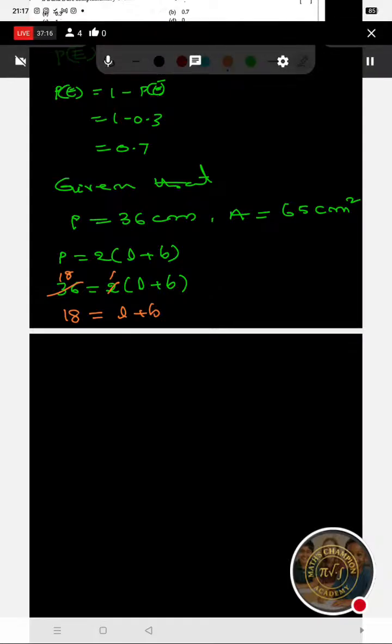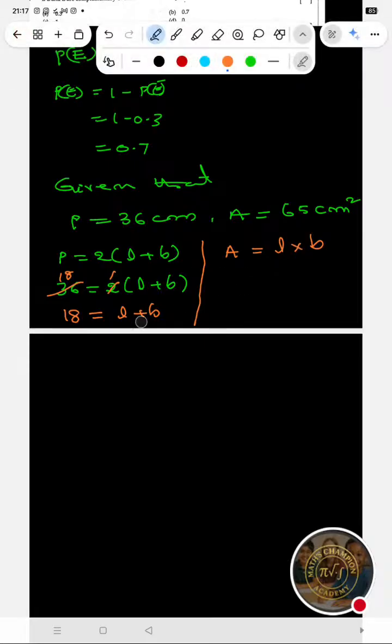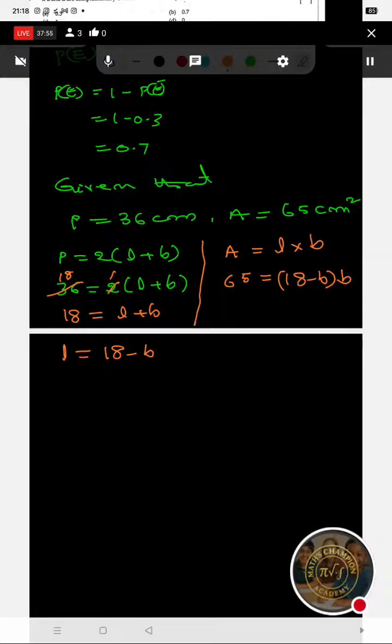So the area formula we already know. Area of rectangle is equal to length into width. Make this one L or B. Take L is equal to 18 minus B. Substitute this L in the area equation. So here 65 is equal to length 18 minus B into B. This step understand?